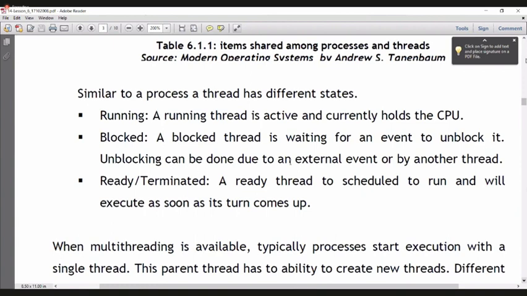Unblocking can be due to an external event, like waiting for keyboard input, or another thread can activate it. Ready means ready to be scheduled and it will execute as soon as its turn comes up. Terminated means when you finish it, you can close it, or kill it.